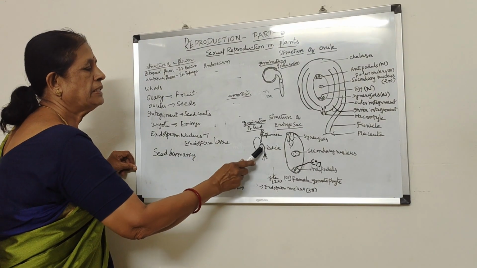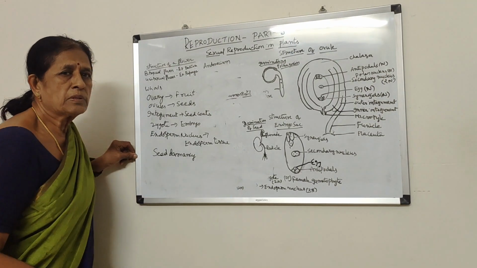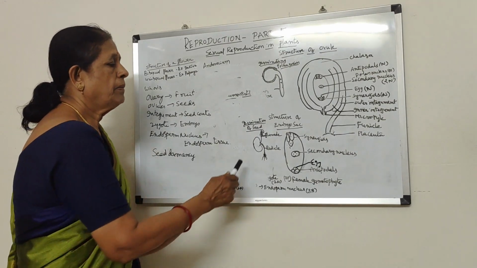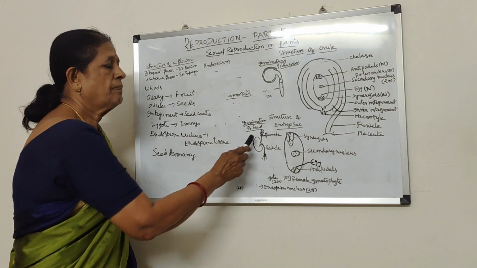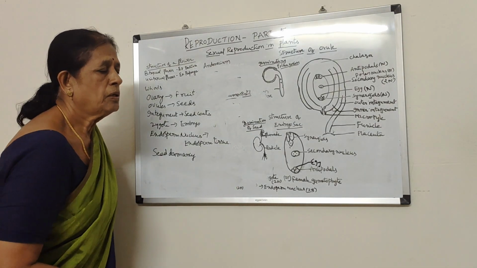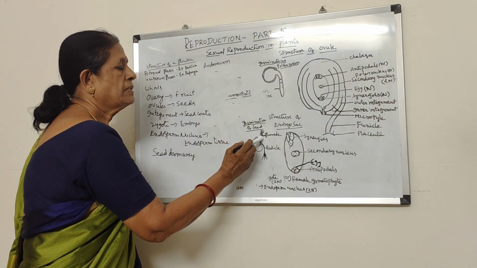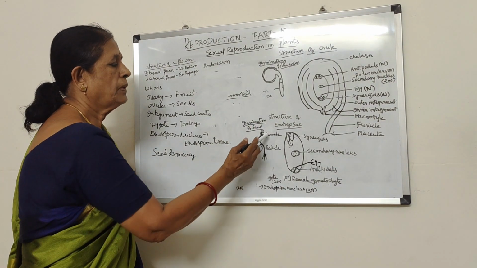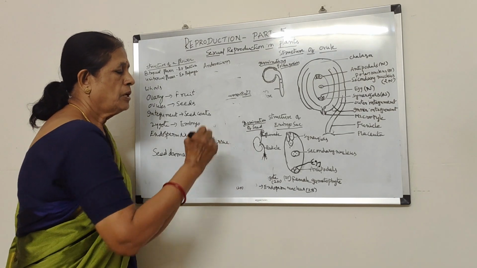When the seeds germinate, enzymes are produced and phytohormones show their effect. Auxins are mainly important for the phototropic movement of the stem and the geotropic movement of the root. So roots always grow towards the soil and the stem always grows towards the light.